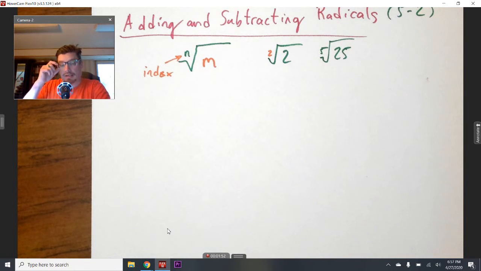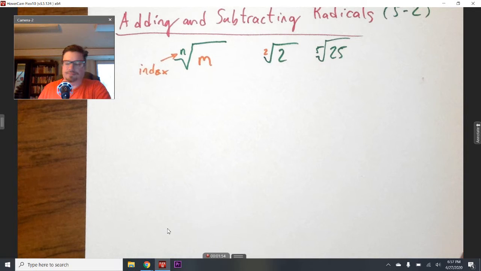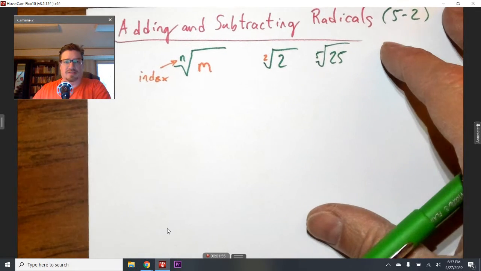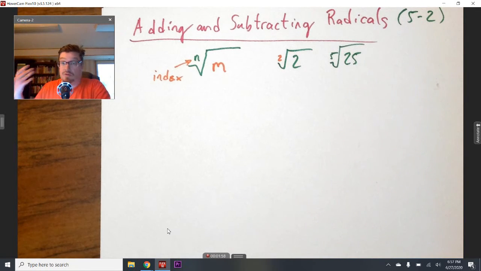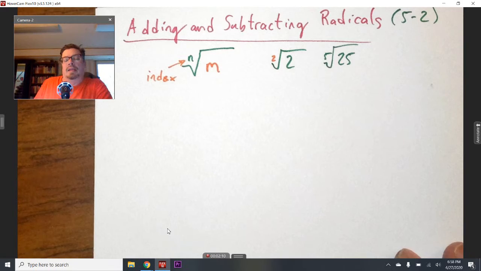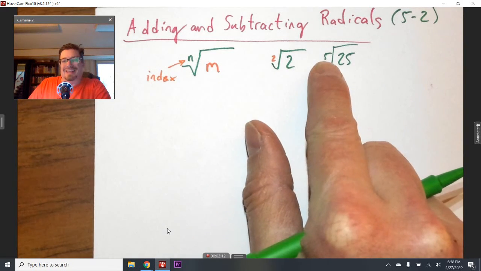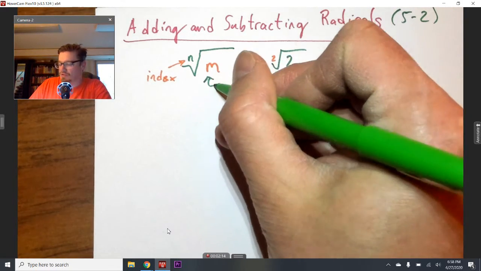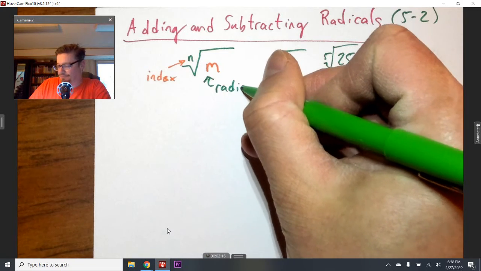And why would we take these? It depends on nature. Sometimes things are raised to the 5th power due to natural laws, and in order to solve for a certain time or the weight of something, whatever scientific equation you have, you might need to take the 5th root or the square root. That is the index, but this guy has a special name called the radicand.